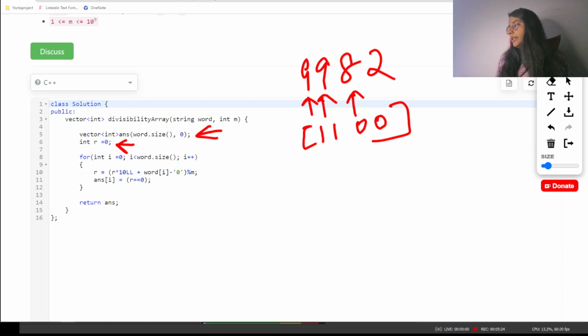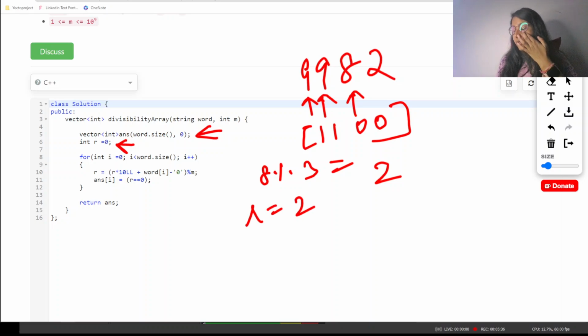Now when we come to this 8, earlier r was 0, right? Now we add the 8 into the same. So 8 modulo 3 would be equal to 2, right? So our r is going to be equal to 2. Now r is not equal to 0, so answer[i] here will be 0.